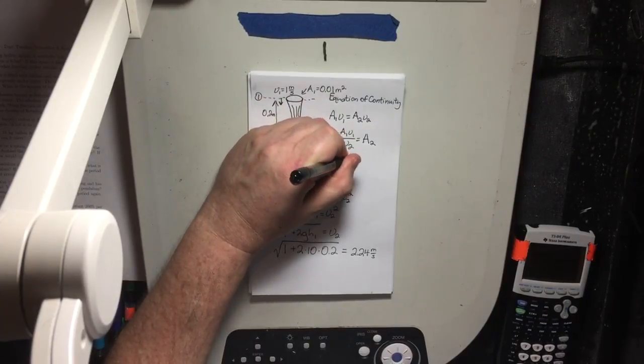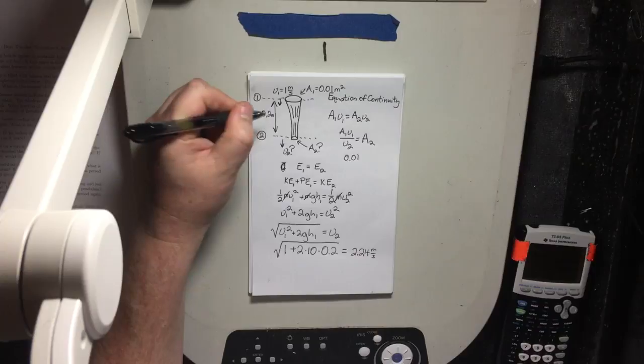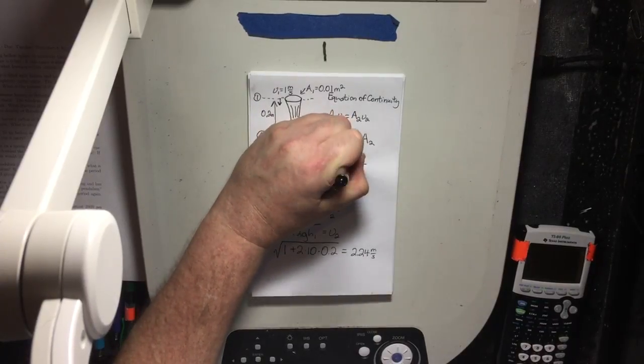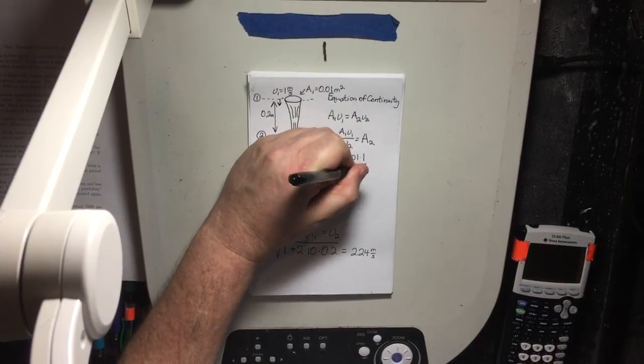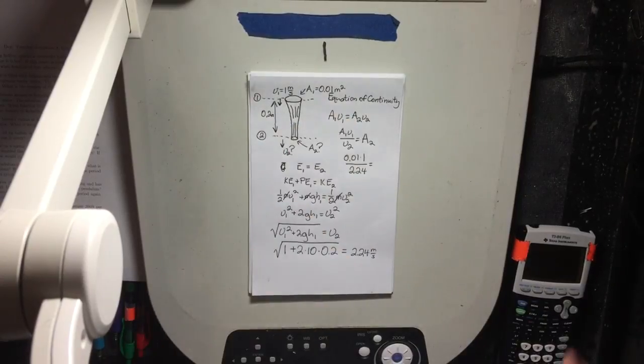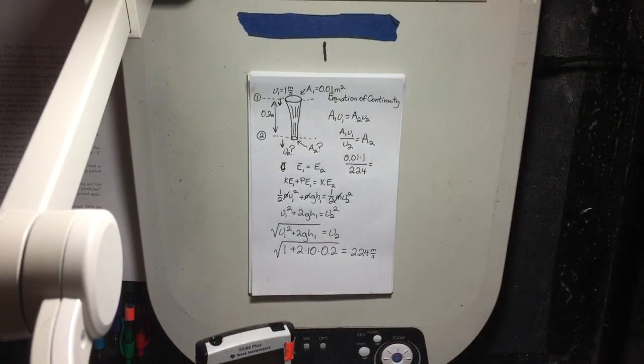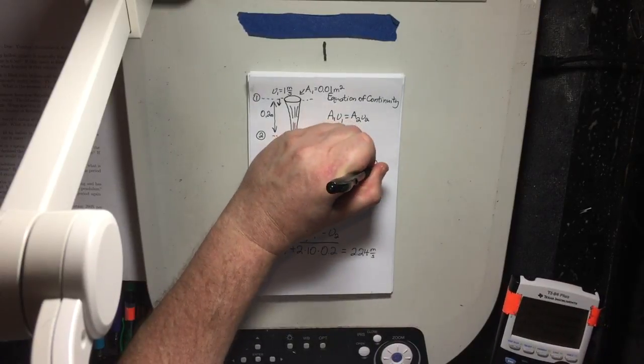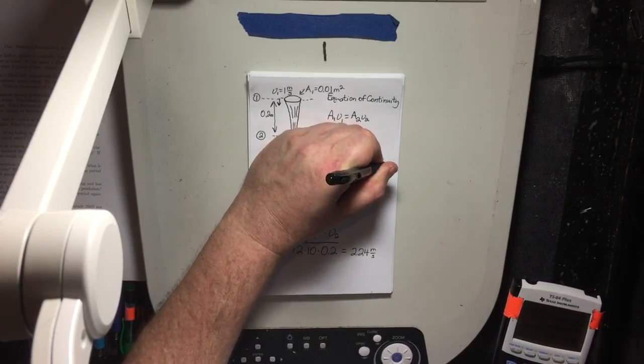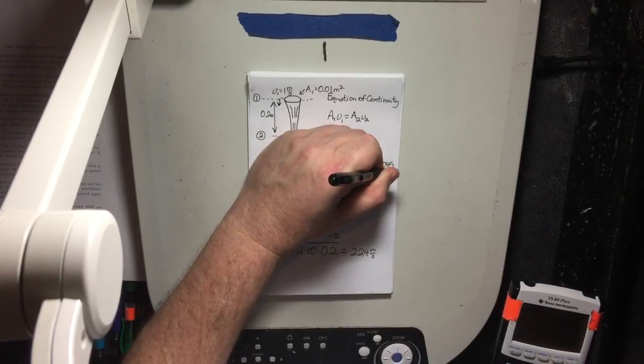So A1 is 0.01, V1 is 1, V2 is 2.24, and that gives me 0.0045 square meters.